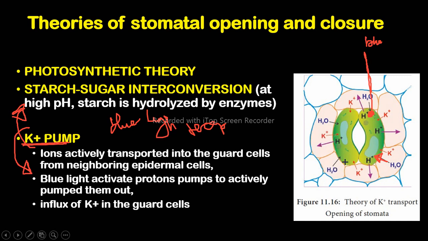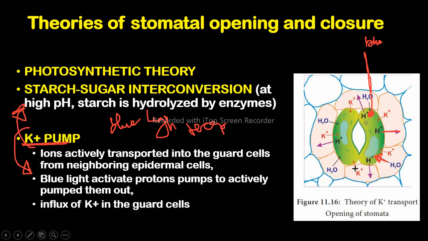And if water enters, like what we discussed the other time, the guard cells will keep expanding until they press onto the cell walls. And due to irregular thickening, like we agreed in the previous lesson, the outer wall is thin and elastic, whereas the inner walls, these two walls, are thick.